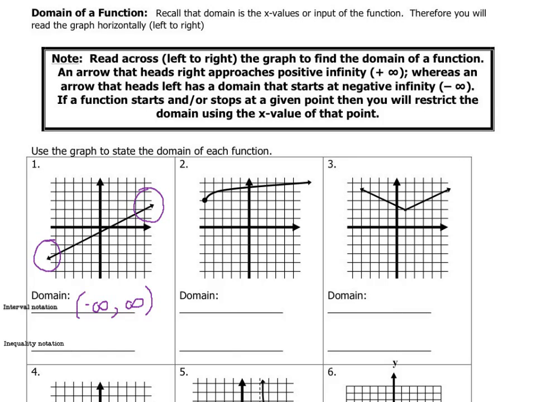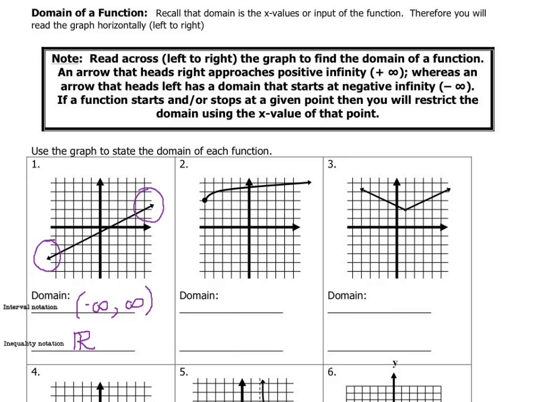So inequality notation is just another way of talking about domain, and you guys are well versed with inequality notation. There are two acceptable ways to write the inequality notation for this example of this function that goes on forever. One is just this kind of fancy looking R that has two vertical lines making it up that indicates to your reader all real numbers.